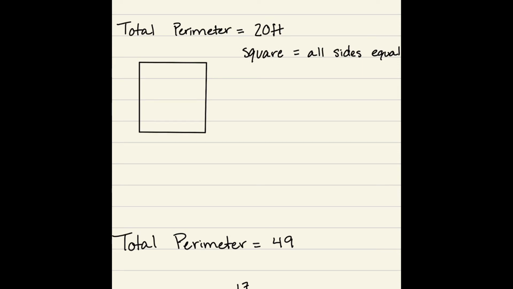And how many sides do we have? Well, let's see. We have 1, 2, 3, 4. We have 4 sides. So an easy way to do this, once again, if we know our multiplication tables, is we can say, okay, well, we have 20 feet total. We're going to divide it by 4 sides, and 20 divided by 4 is 5.